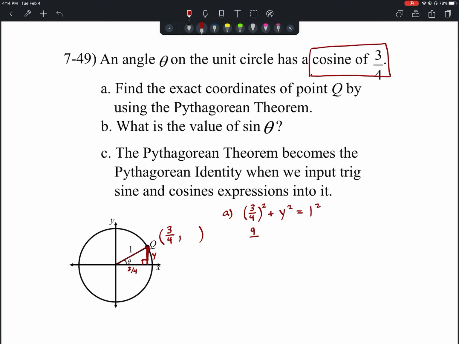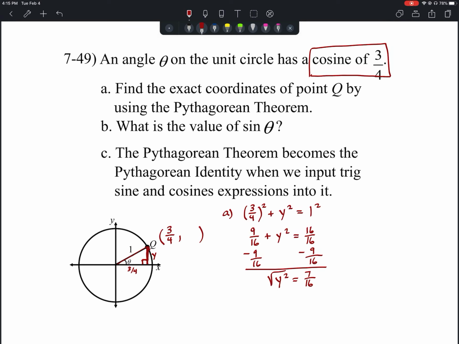3/4 squared is 9/16 plus y squared is going to equal, well, 1 squared is 1, but I'm going to turn it into 16/16 just because I know that I'm going to be subtracting this 9/16 from each side. And after we do that, we've got y squared is equal to 7/16.